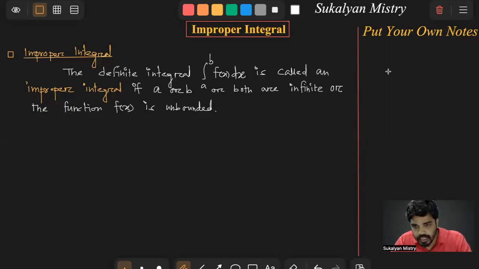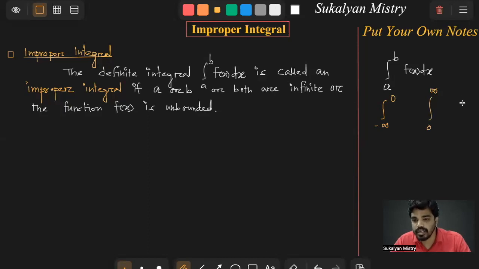this definite integral, integration a to b f(x) dx, is called an improper integral if either a is infinite, suppose like this minus infinity to 0, or b is infinite like this 0 to infinity, or both minus infinity to infinity.